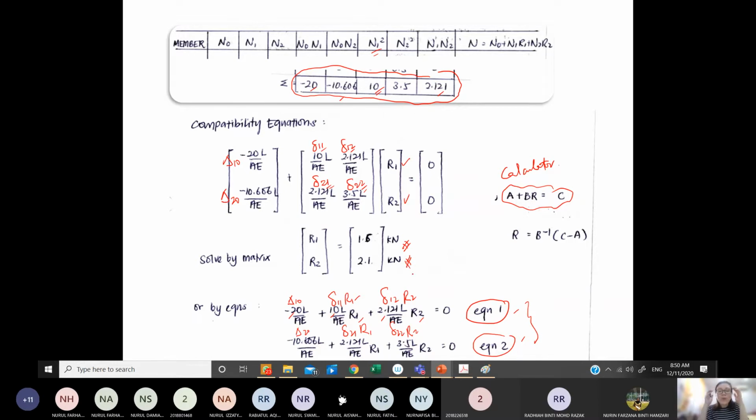By the way, class, what is the meaning of R1? Redundant force, thank you very much. So these R1 and R2 are the redundant forces that we decided on and removed earlier. If you still remember, our R1 is CY, our R2 is FAD.